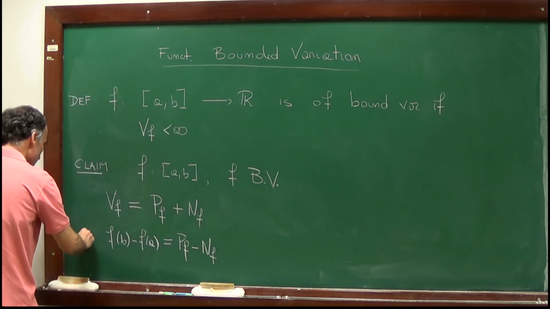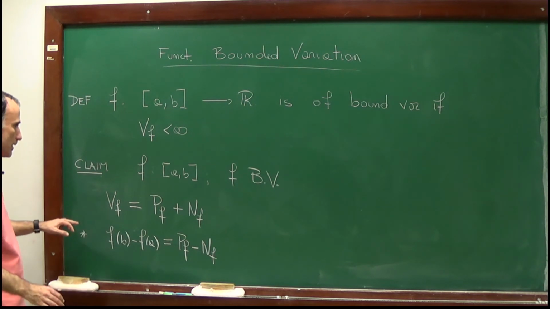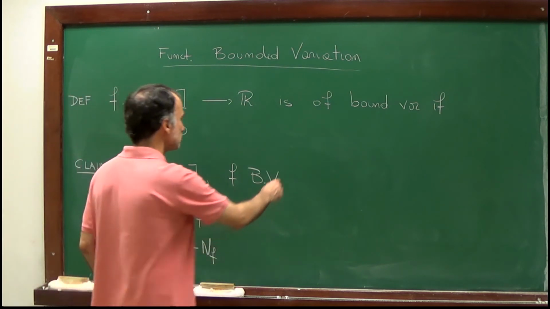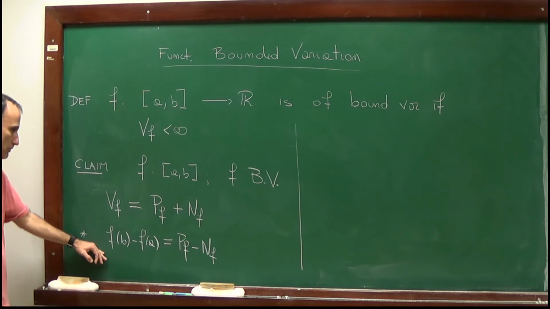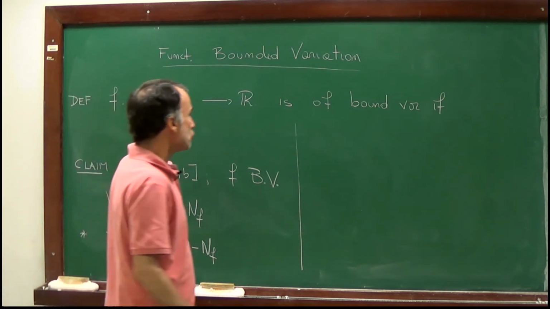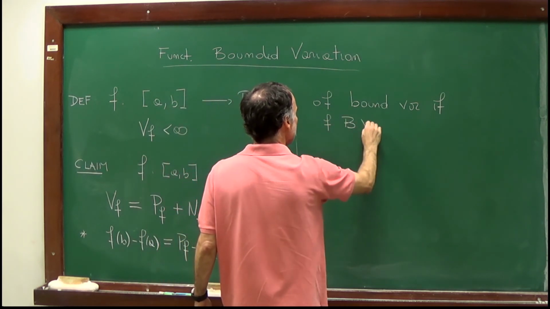So I'll prove the second one, and you'll see that the proof of the first one is actually exactly the same. So I leave the first one as an exercise, but it's actually exactly the same as the proof of the second one. So I'm assuming that f is of bounded variation.